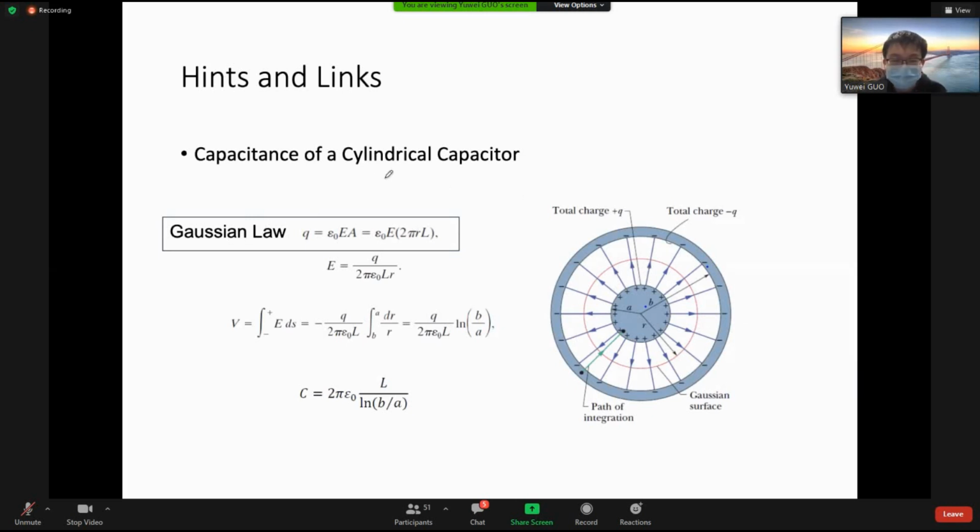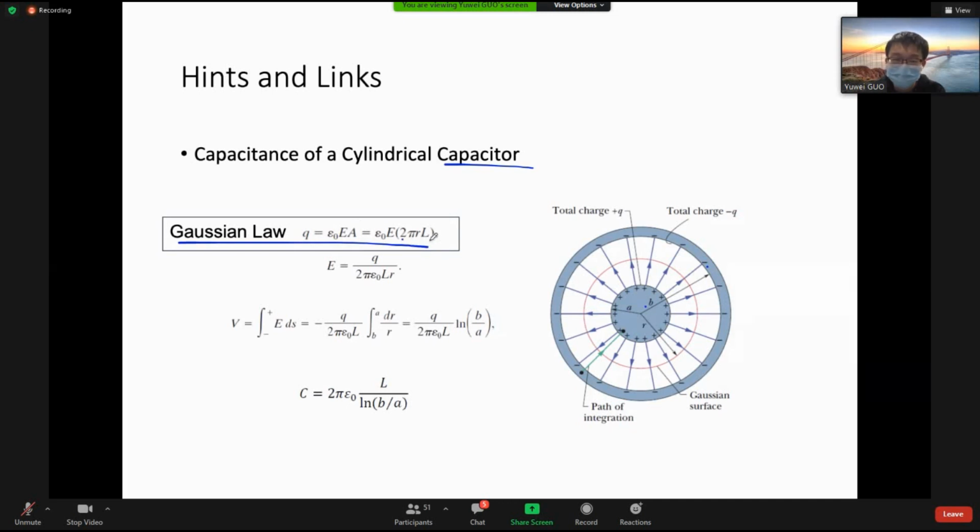So first we need to know the cylindrical capacitor and how to calculate the capacitance of this. First we can use the Gaussian law: Q equals epsilon 0 times electric field times area.